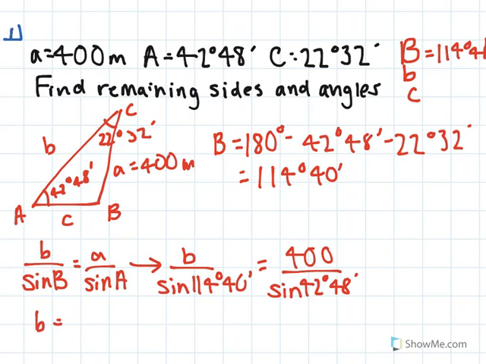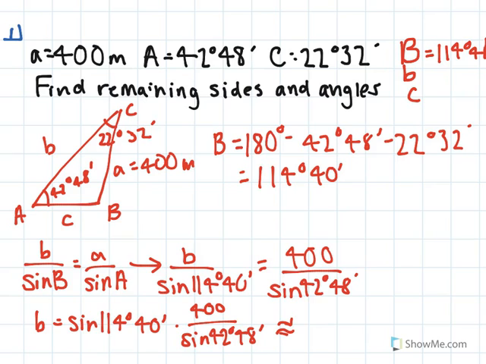So b equals sine of 114°40' times 400 over sine of 42°48'. If you plug that into a calculator, b is approximately 535 meters.